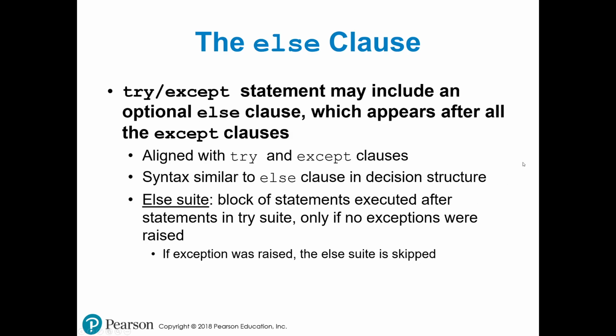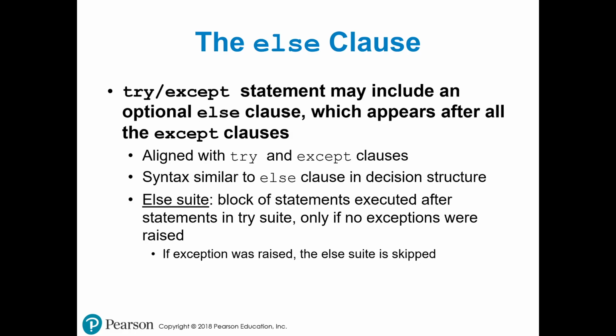So the try-except statement can include an else clause, which appears after all the other except clauses. It's very similar to the else clause in an if statement, but it only executes if there were no exceptions raised. If there was an exception raised, then the else suite is skipped. Let's say, for example, let's go back to our file opening, and we catch the file open error.